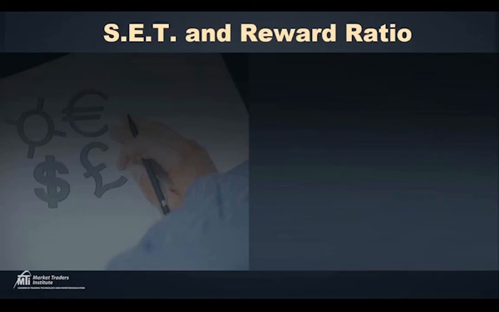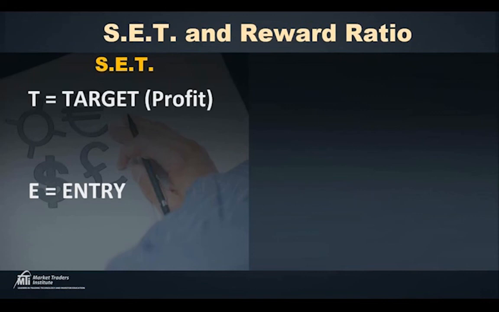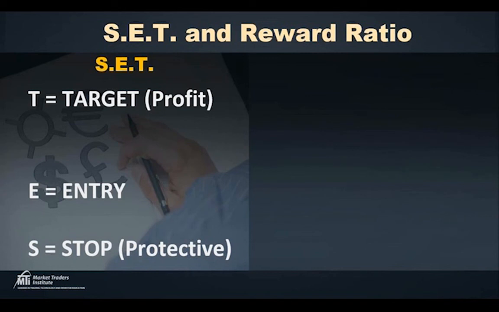Now, one of the things that we teach people are two concepts, SET, and something called reward to risk ratio. SET stands for: you are always going to have the entry where you get in. You're always going to have your target, that's your target for profit. And you always put in what's called a stop. That's for protection in case it does not go in your favor. So I call it SET: stop, entry, target.